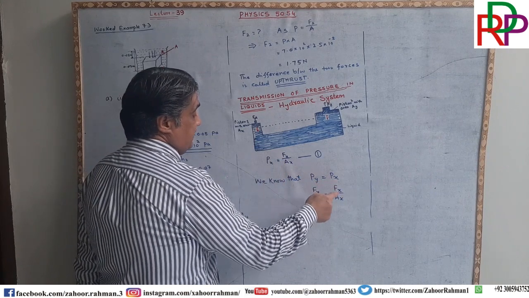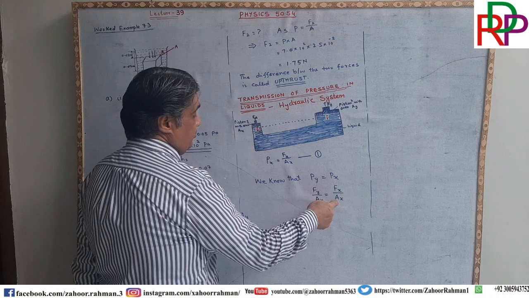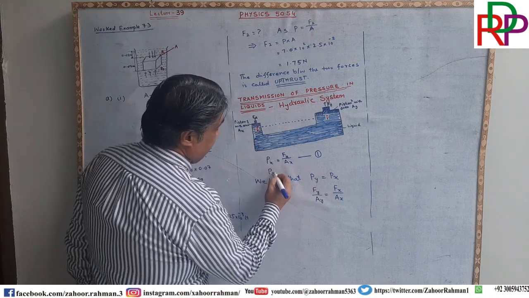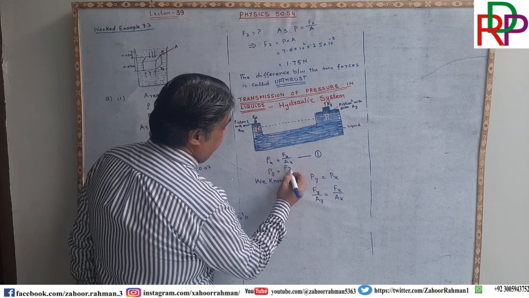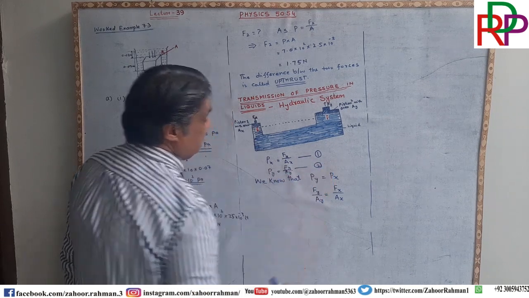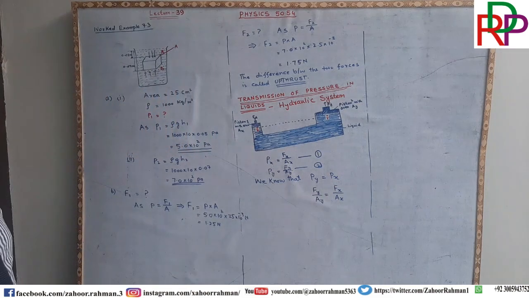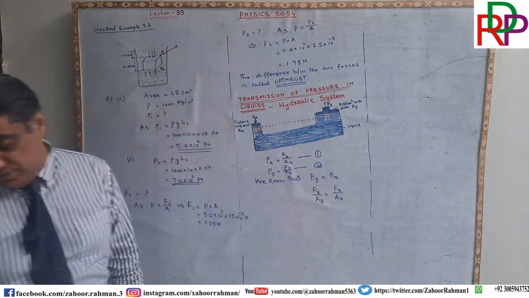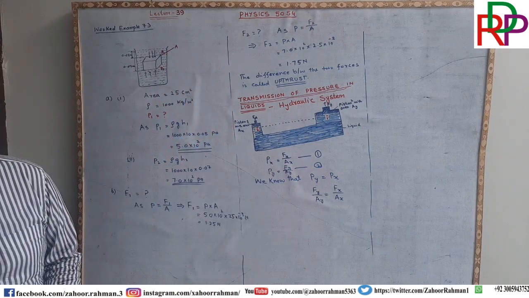So instead of Px, we wrote this value. Similarly, you can write that Py is equal to Fy divided by Ay, and this is equation number 2. We are putting the corresponding values inside these two equations, and as a result we will get this.